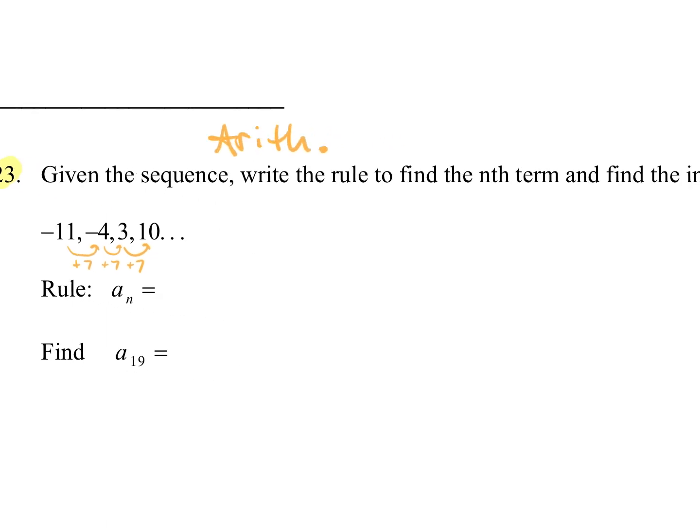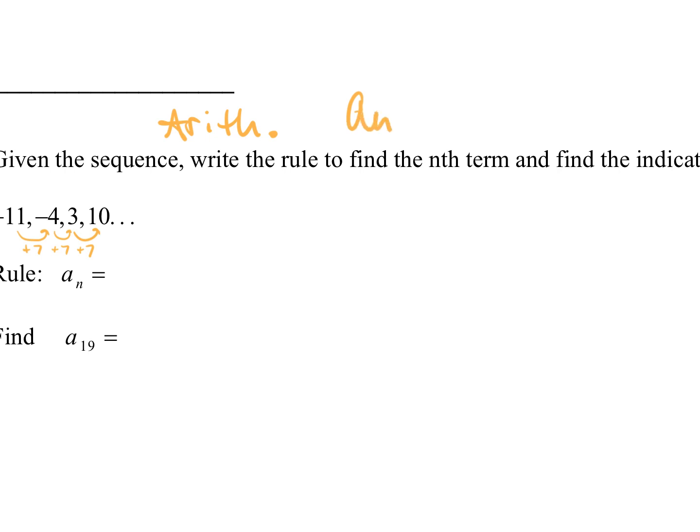And our arithmetic sequence formula is a sub n is equal to a1 plus n minus 1 times d. Again, formulas will be given to you. Just make sure you know what to do with them.